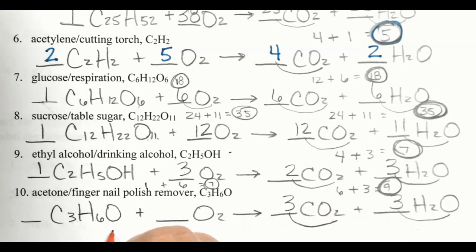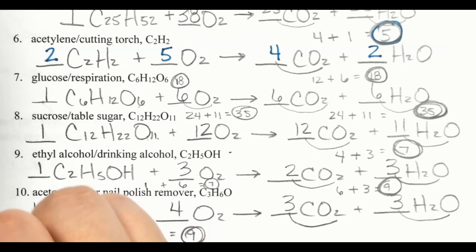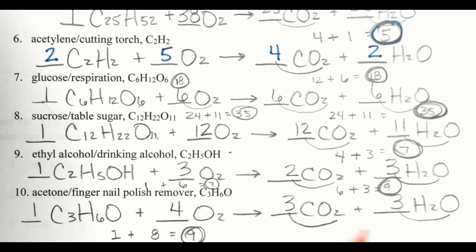I have 1 here plus an 8 would give me 9 on this side, so I need this to be 8. So 4 times 2 will give me that 8. And so that's 8 plus 1 equals 9. So I'm going to put a 1 here, and that's 1, 4, 3, and 3.